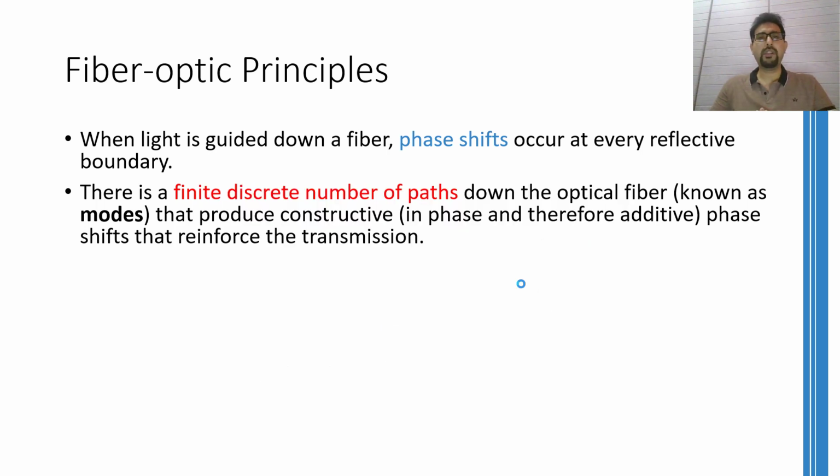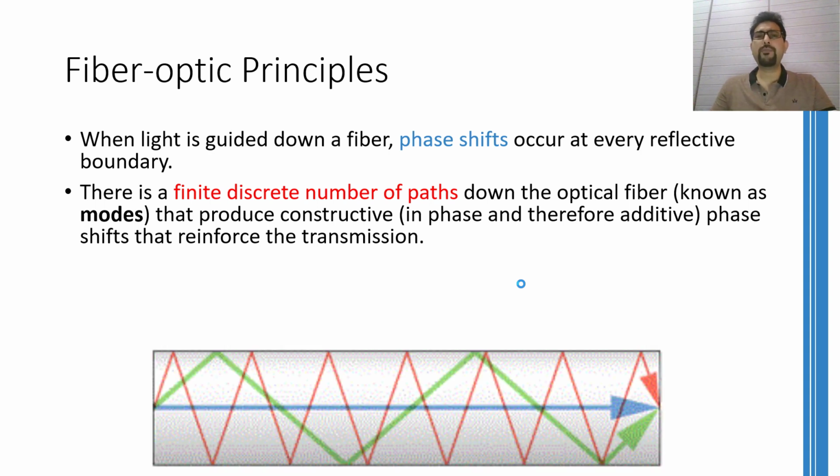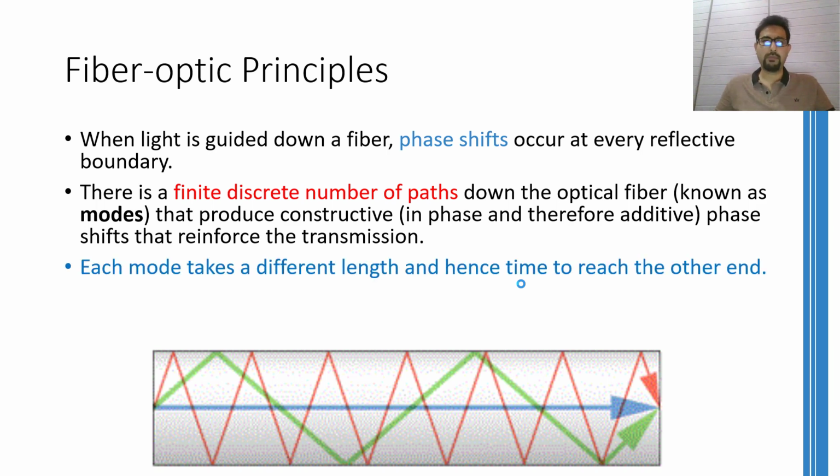For a fiber optic cable, there are only a finite discrete number of paths that produce constructive interference between the light rays. That is, if light follows those paths, only then constructive interference will occur, otherwise destructive interference will destroy the light rays. These paths are called modes of the fiber optic cable.